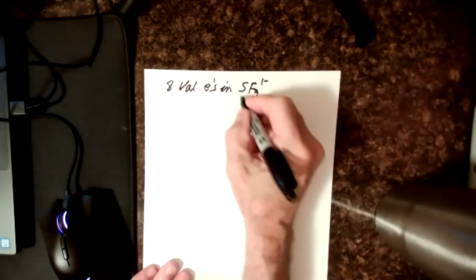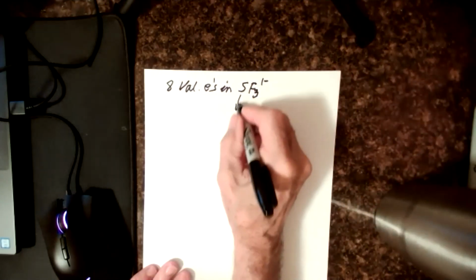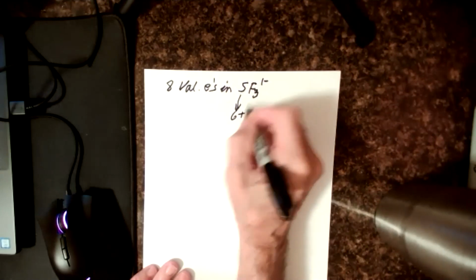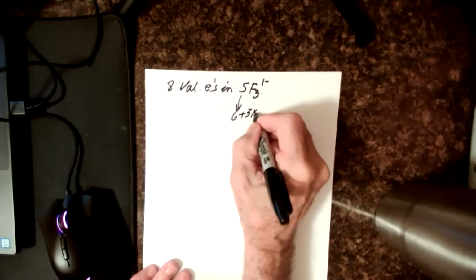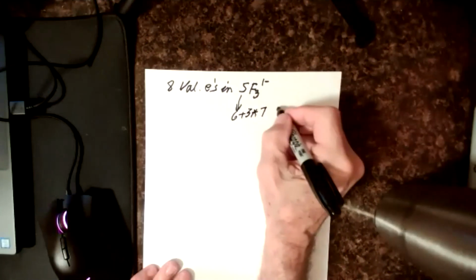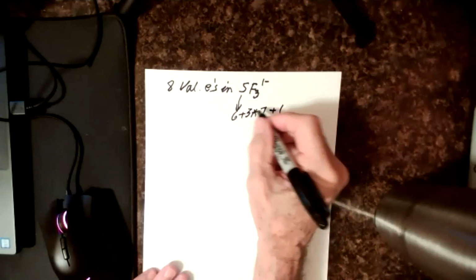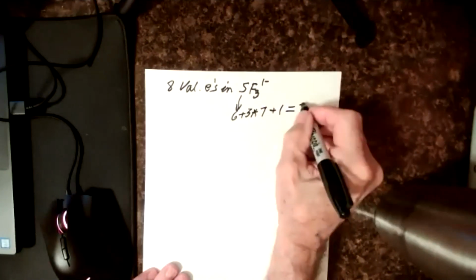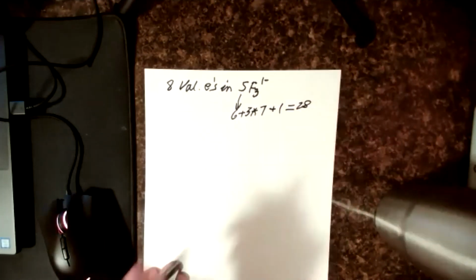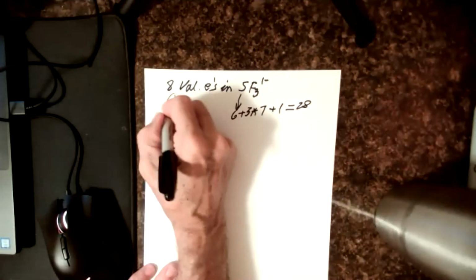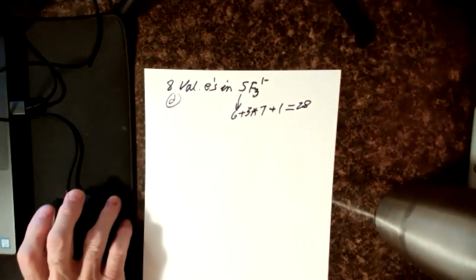Well, we've done it several times already. Sulfur's in group 6, there's 6 of them. There's 3 fluorines. Fluorine's in group 7. I add 1 electron for the charge. 21, 22, this is going to be 28. And that's response D on this question.